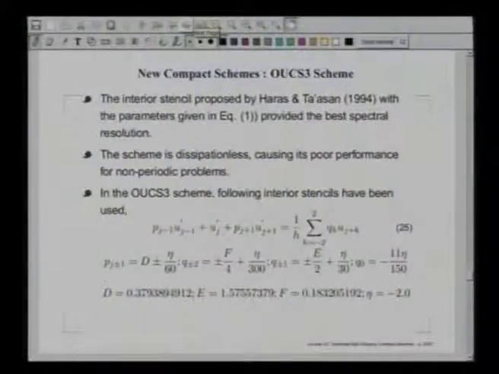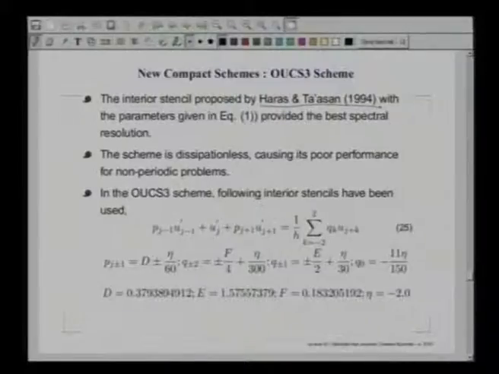Okay, so, in the family of new compact schemes, we just showed you another such scheme, the OUCS3 scheme, and this is again borrowing that Haras and Tassan scheme that we talked about, which was spectacular for a periodic problem.